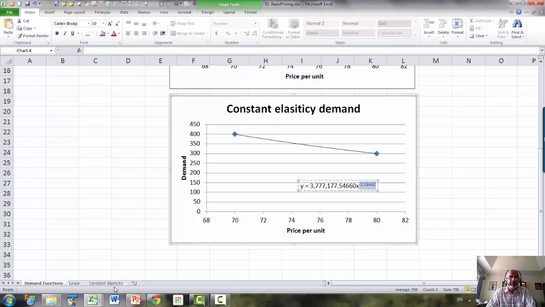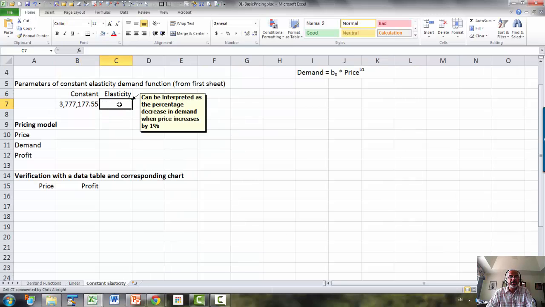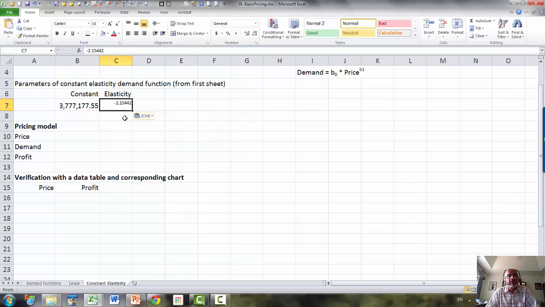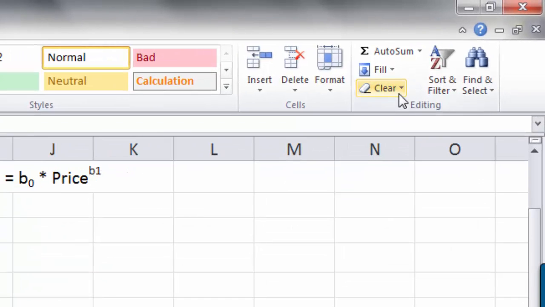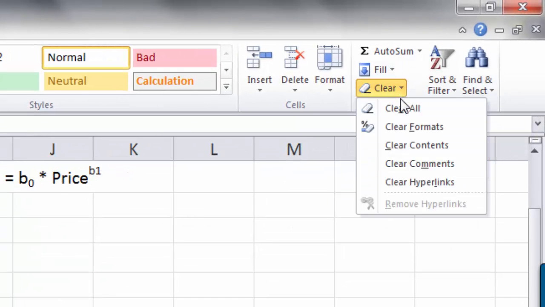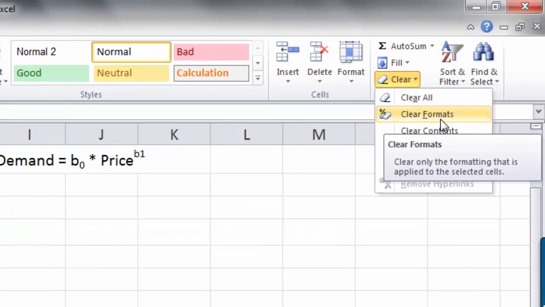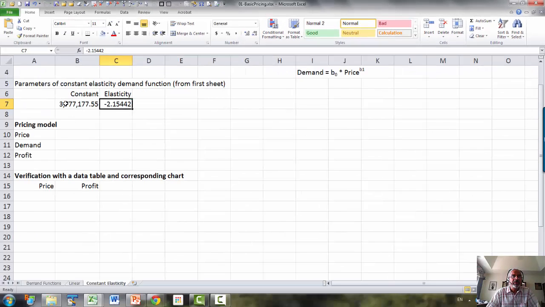Copy that and click there. Now we have to erase the formatting, so for that you go to clear and clear formats. Now we have the constant and the elasticity part.